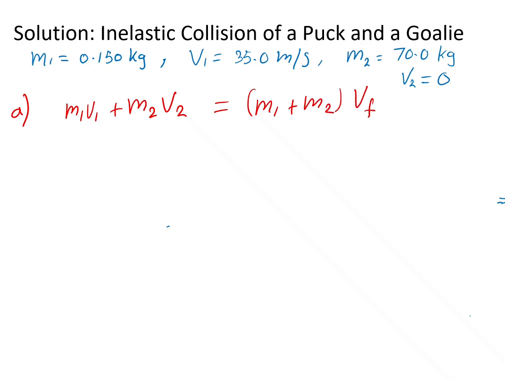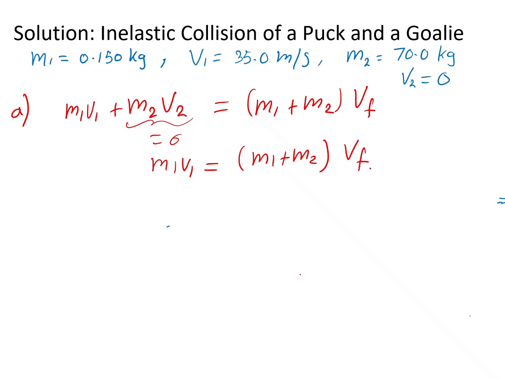Since both objects are moving together, we only have one final velocity. Now, the initial velocity of the goalie is 0, so this part is 0. So our equation becomes m1 v1 equals m1 plus m2 times v final.